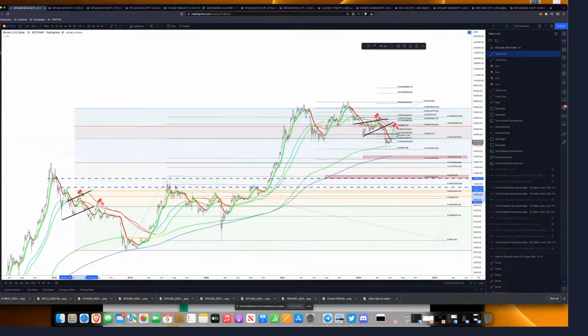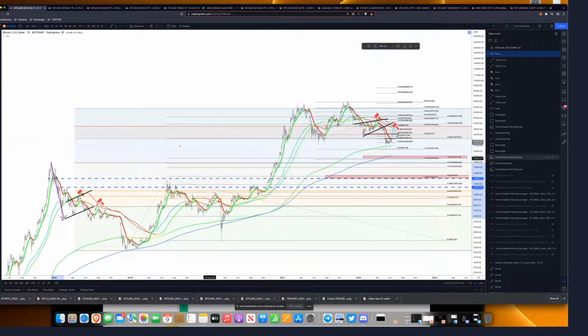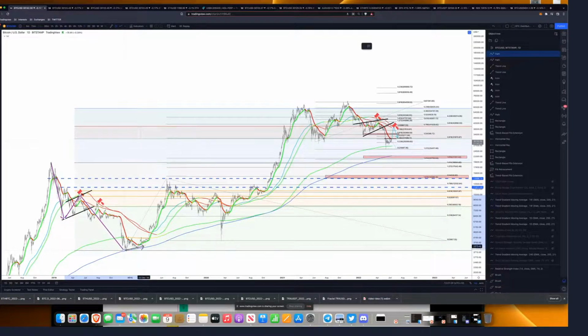What we had is a move to the downside. Give me a sec, let's do a thick one. Then we had our ABC, basically A, B, and C. So what we're having here is our A, B, and potentially C there or further down.